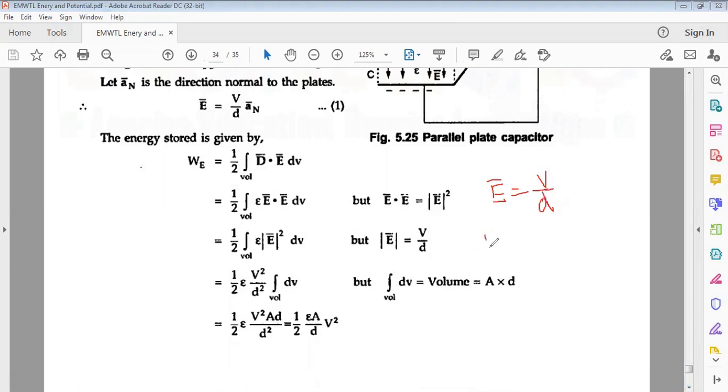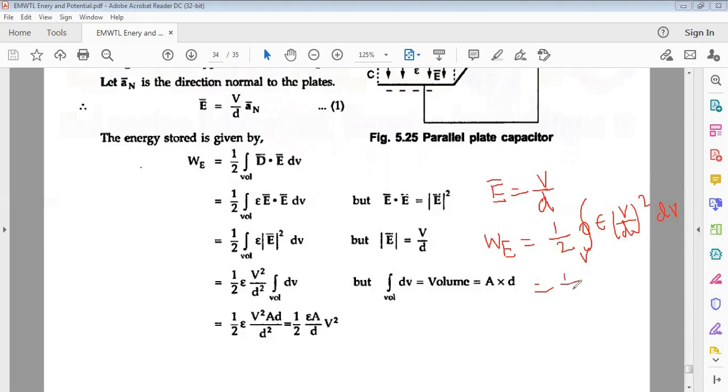Substitute this in the energy stored. W is equal to 1 by 2 the volume integral of epsilon E bar square. What is E bar? V by d, whole square. Here this V and this V are not the same. V is the potential, and the V in the integral is the volume.